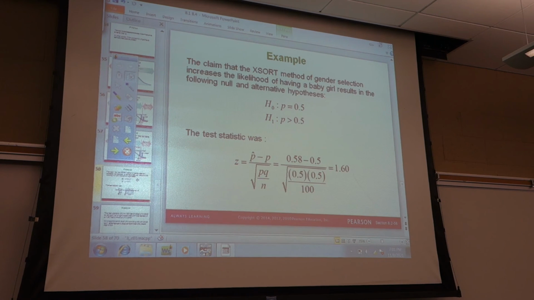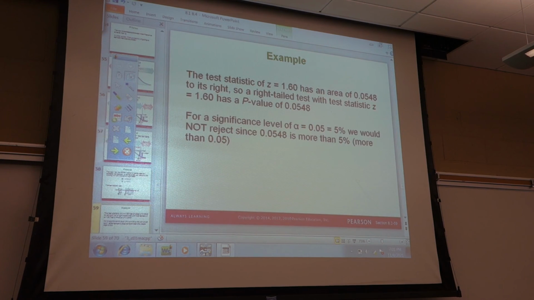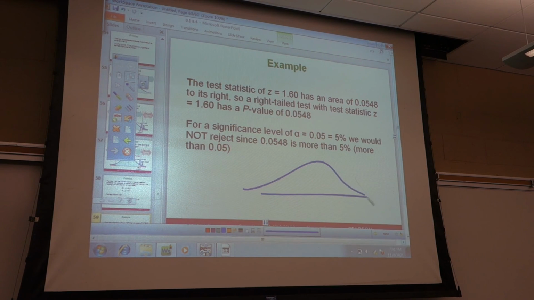Okay. Here's an example, right? Our X sort. Remember how I kind of thought it was kind of unusual but not enough? I had a test stat of 1.6. Here's 1.6, and I found the area in this tail. How would I do that?